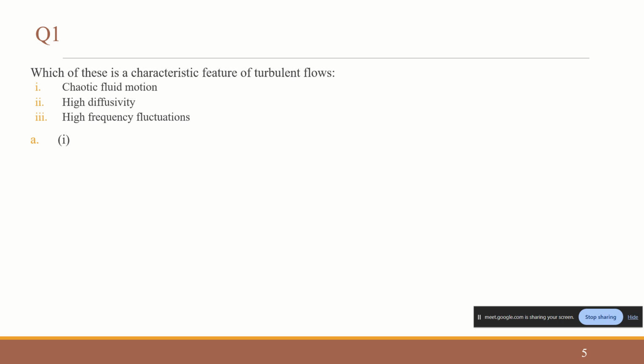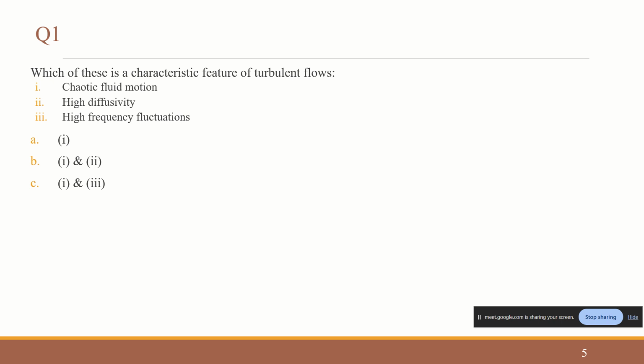When we talk about characteristic features of turbulent flows, we know that turbulent flows experience chaotic fluid motion, they experience high diffusivity, and they experience high frequency fluctuations as well. So what are turbulent flows? Turbulent flows are flows wherein the Reynolds number is so high that we no longer see the structured flow which we commonly see in laminar flows.